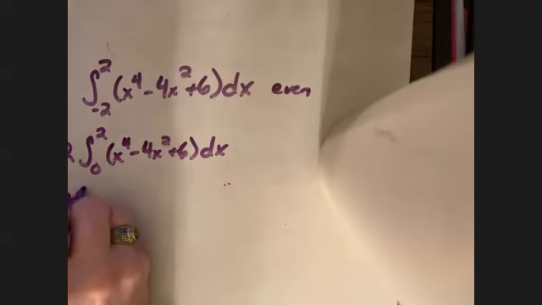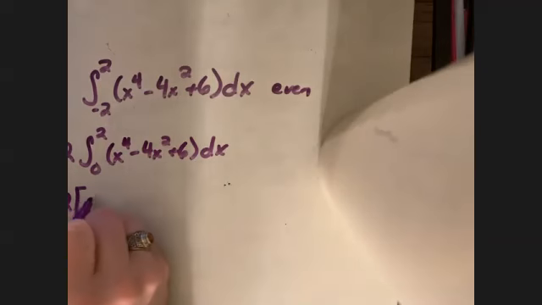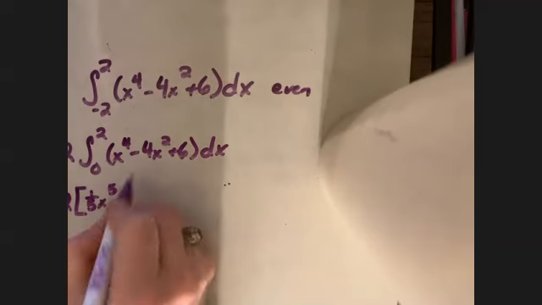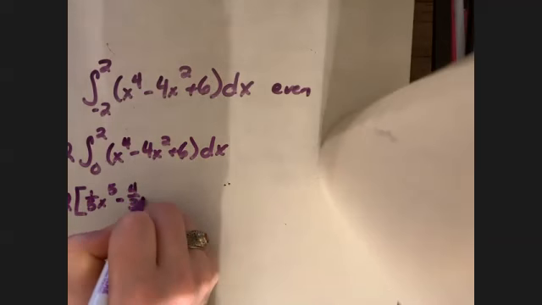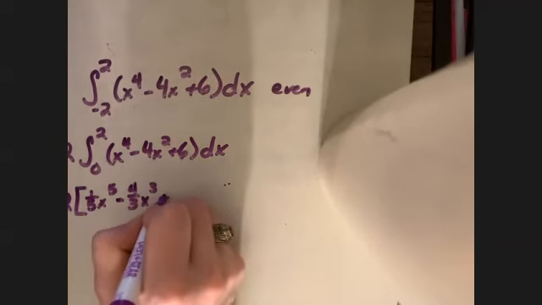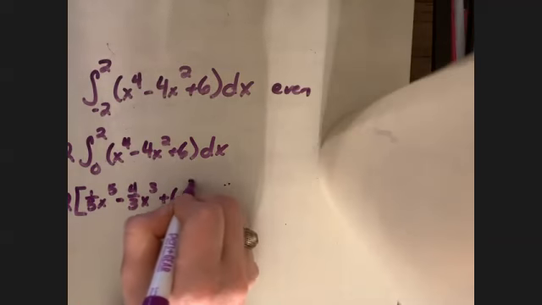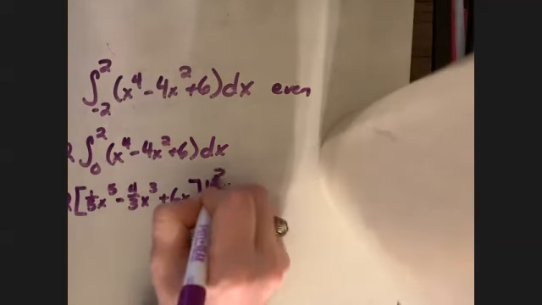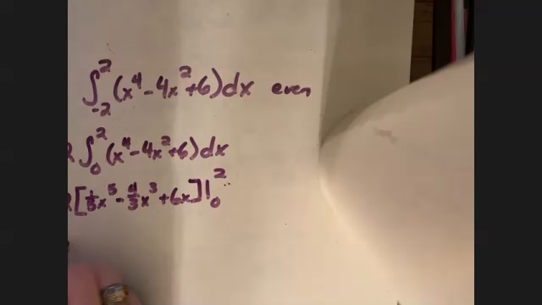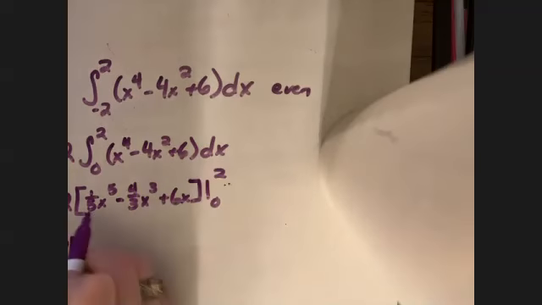Okay, so we've got 2. I'm going to put brackets here. It's going to be 1/5 x to the 5th minus 4/3 x cubed plus 6x. That's going to be evaluated from 0 to 2. So again, I'm going to do big brackets, okay? I'm going to plug in 2: 2, 4, 8, 16, 32.